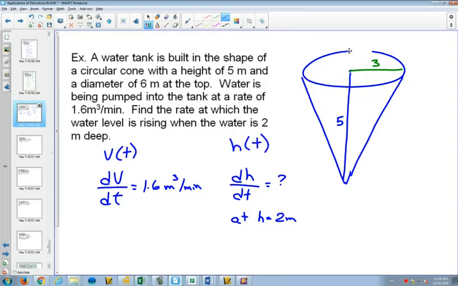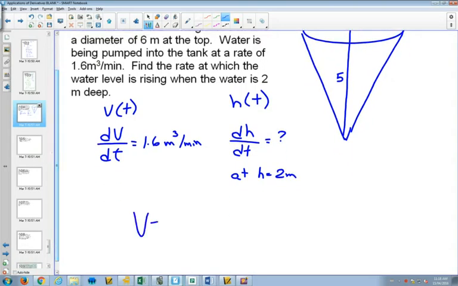Go to our volume formula for a cone, pi r squared times height, which is a cylinder, divided by 3 to make our cone. Now, our formula has radius and it has height. But as far as the information that we have at the top, we don't have any dr dt, and we don't have at a certain point what's the radius. So one thing to look at is the relationship between the radius and the height.